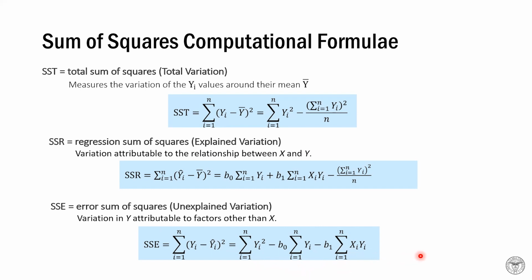Note that SSE is also referred to as the unexplained variation.